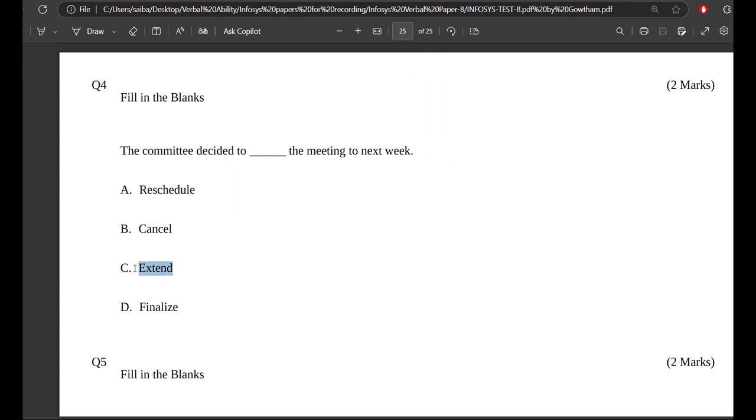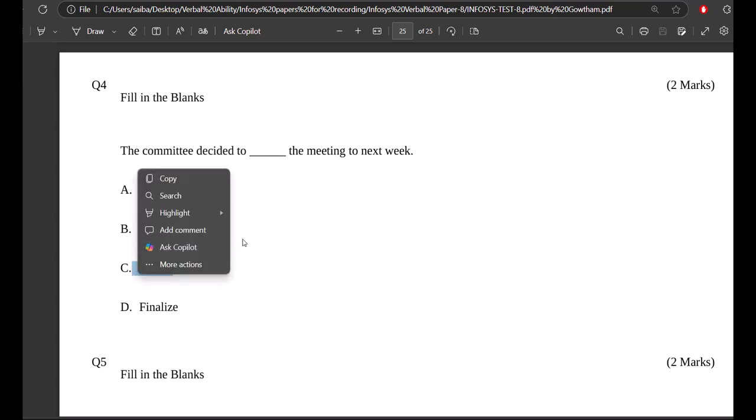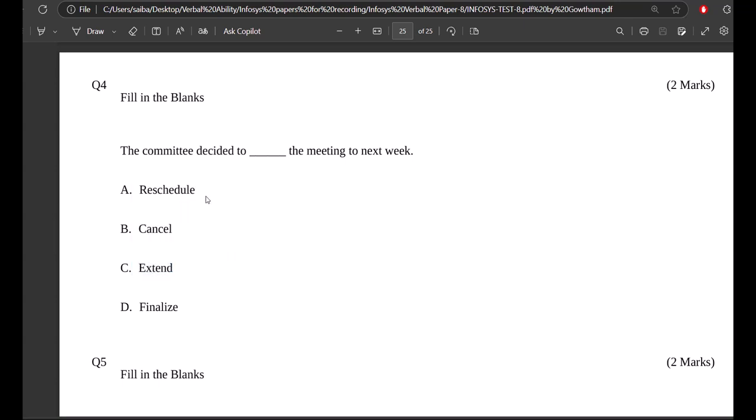Extended, we cannot say extended. Extended we use if the meeting is scheduled for 30 minutes and we are extending it to 1 hour, then we can say the meeting is extended from 30 minutes to 60 minutes. But here they changed the schedule itself, so that is the reason we have to mention reschedule.